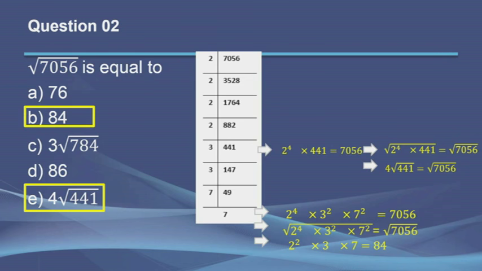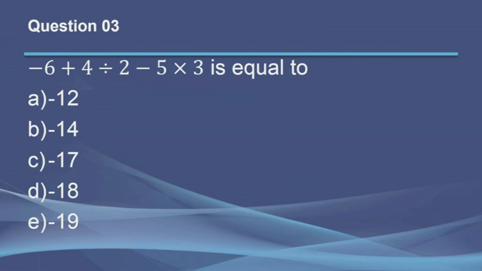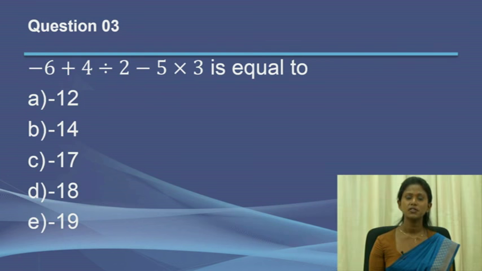So we will mark our answer B as 84. Now you can see how we can have multiple answers for one question. If you do only the last step, you will find only 84 as the answer and you will lose some marks. Now we are moving to question number 3.